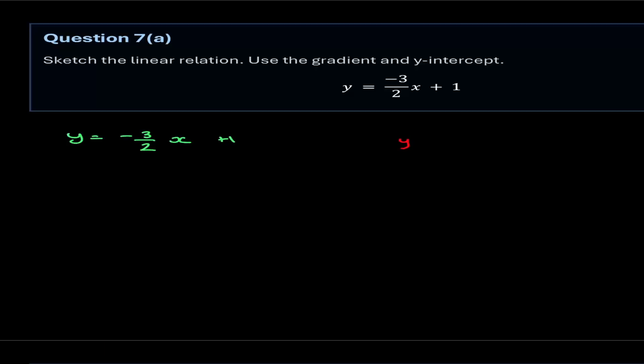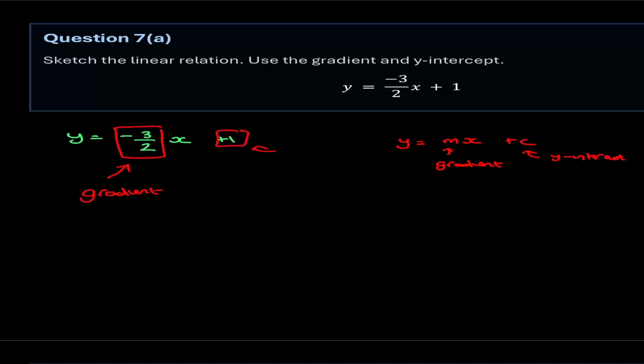Remember, any straight line can be written in the form y equals mx plus c, where m is your gradient and c is your y-intercept. Whatever's in front of our x value, which is -3 on 2, is my gradient, and that is my y-intercept. So that's basically all we need to know to draw a graph.